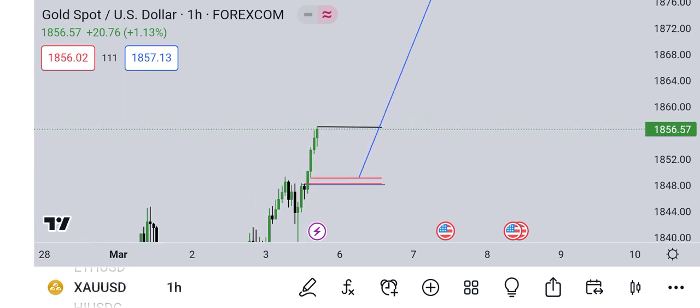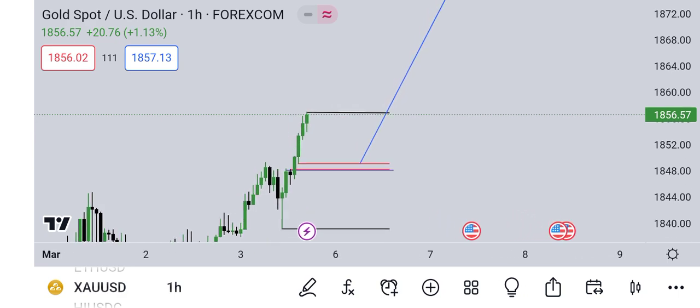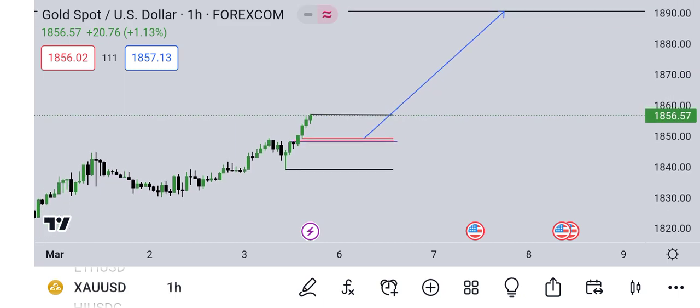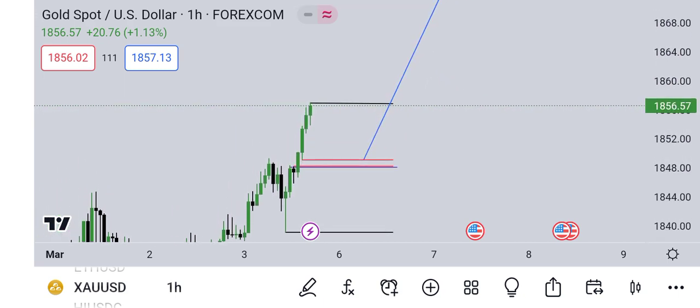I'm expecting a 400 pips movement on gold next week. That's what I'm expecting.